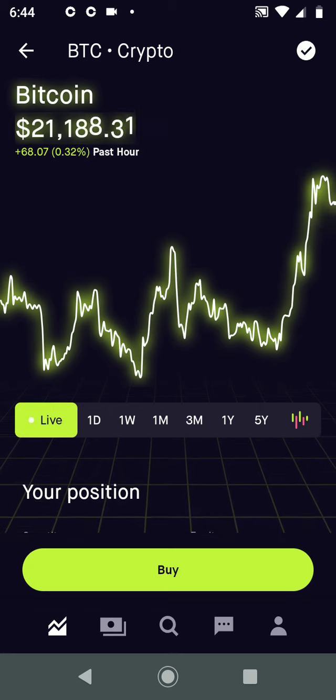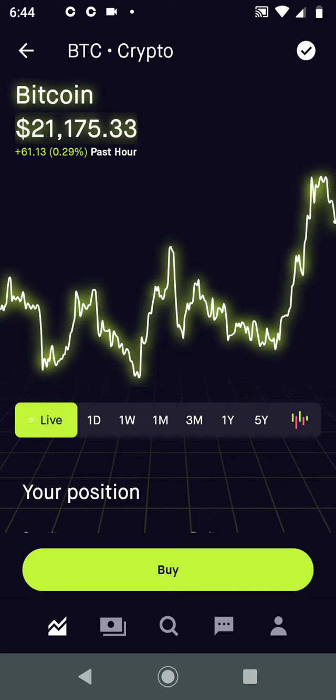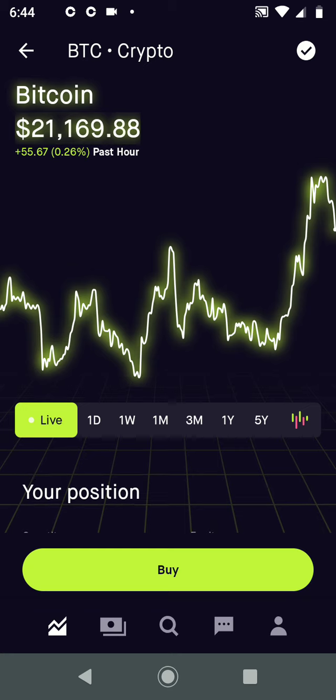Cash App does not offer that, but Cash App does give you the share price when you're going across the chart. In here, it still gives you the share price, it's just up by the current price. So I would say Robinhood kind of wins out in that battle, because they give you everything Cash App gives you on top of the hourly chart.